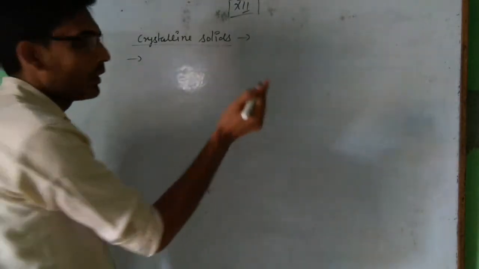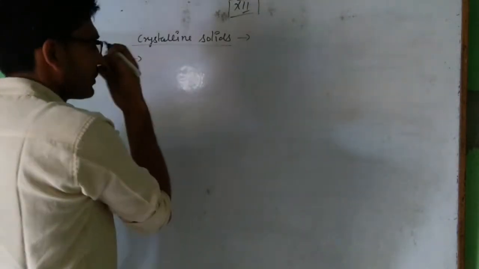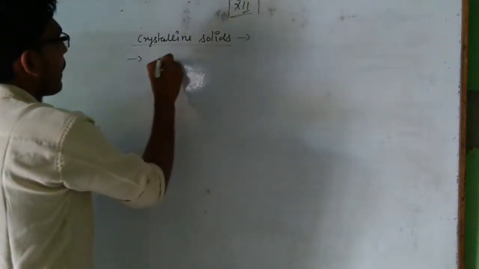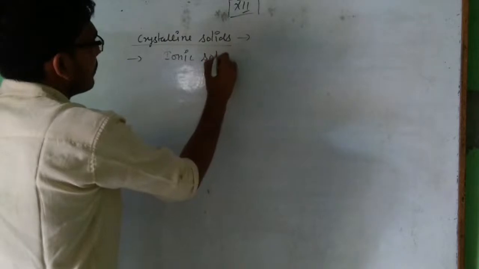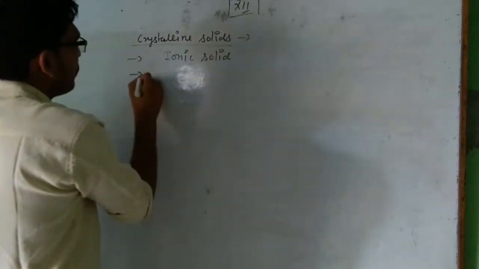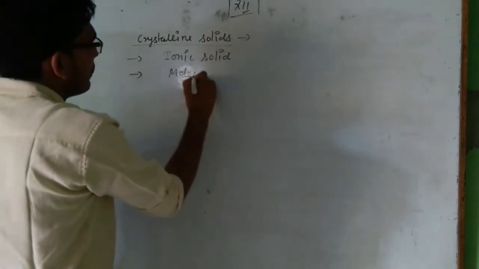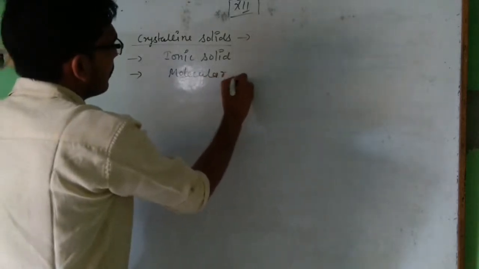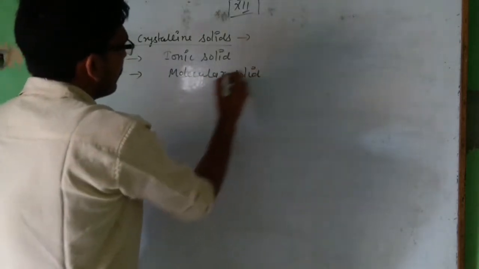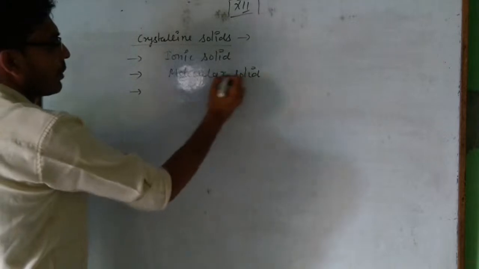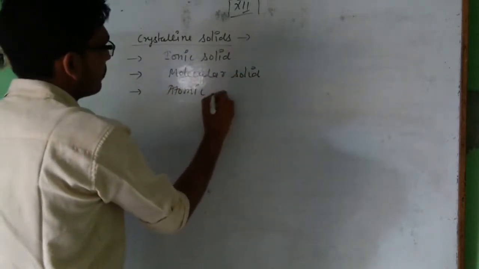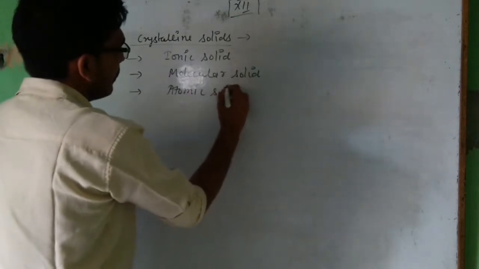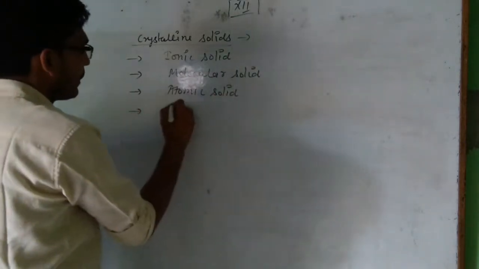Here is a quick highlight of these types of crystalline solids: number 1, ionic solids; number 2, molecular solids; number 3, atomic solids; number 4, metallic solids.